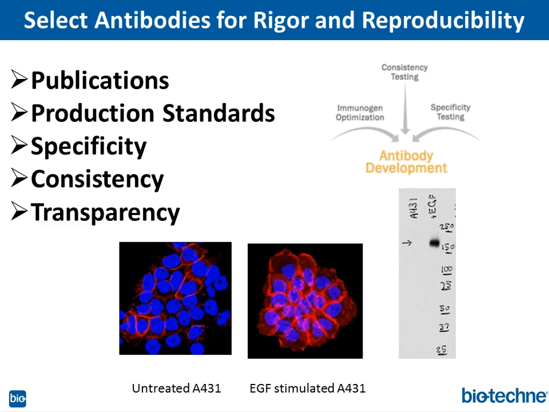And then there's one issue that has come up recently in the scientific community, and there have been some articles about this, and that's the whole idea of reproducibility and consistency. Because if you run a blot on day 1 with an antibody and you can't reproduce it the second day, and there have been some papers that have been questioned based on their reproducibility. You've got to be able to show lot-to-lot reproducibility with an antibody.